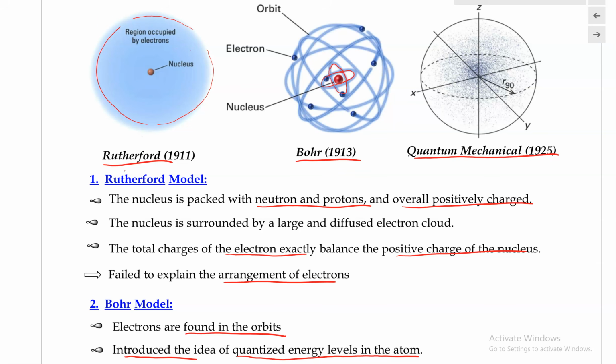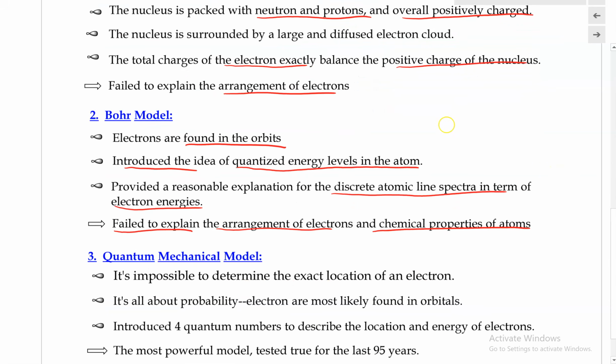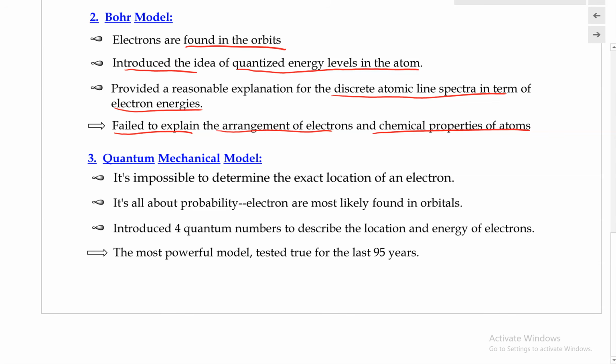Lastly, the last model that we'll be discussing in this class is the quantum mechanical model, and here is a brief overview of it. This model said the following: it's actually impossible for us to determine the exact location of an electron. They're not in the diffuse electron cloud and they're not in an orbit, but in fact it is impossible to determine the exact location.